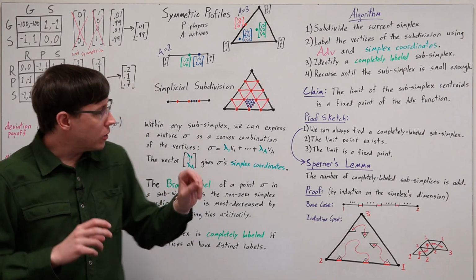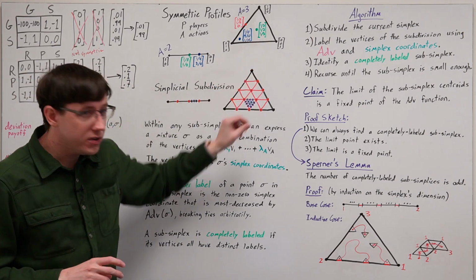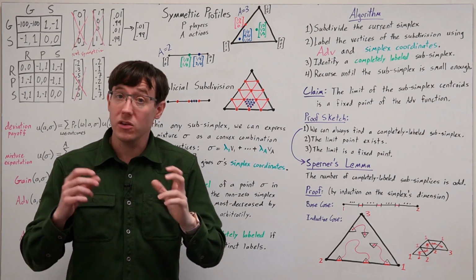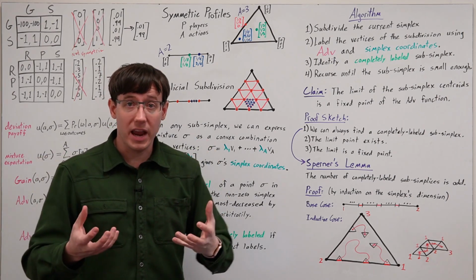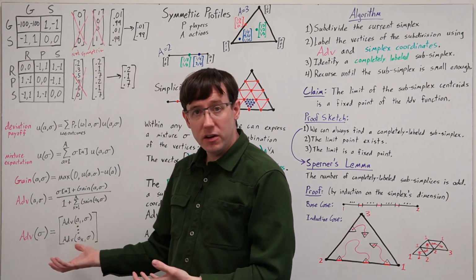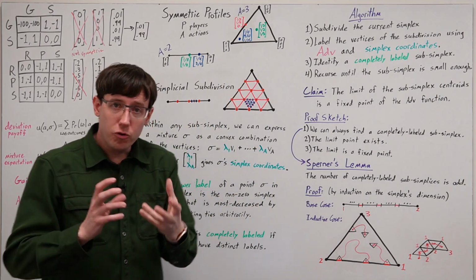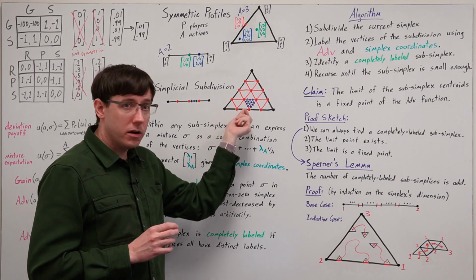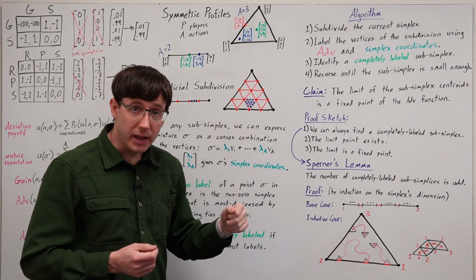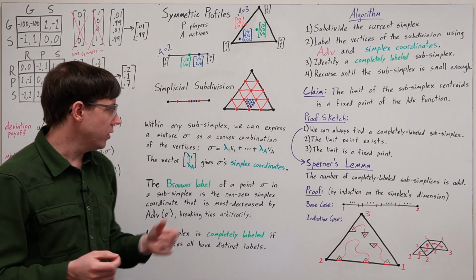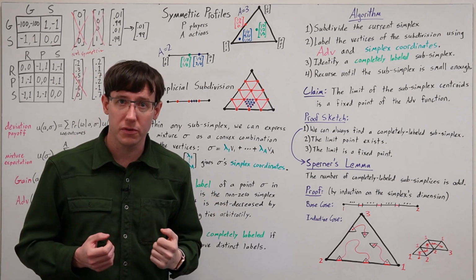And so now our goal is to make sure that the subsimplex that we're zooming in on is one that contains a fixed point of the advantage function and therefore a Nash equilibrium. And we ensure that by zooming in to a subsimplex that is completely labeled according to the Brouwer labels.